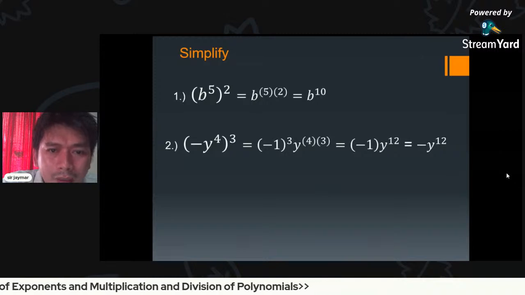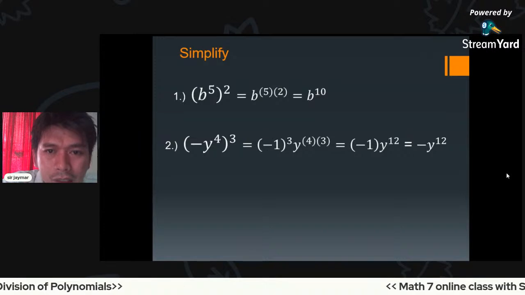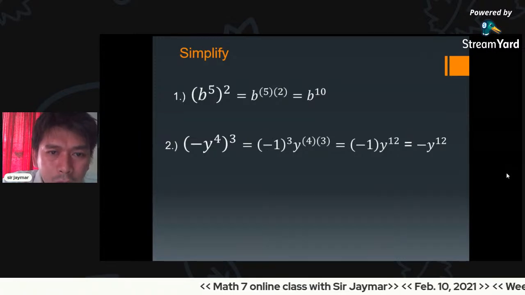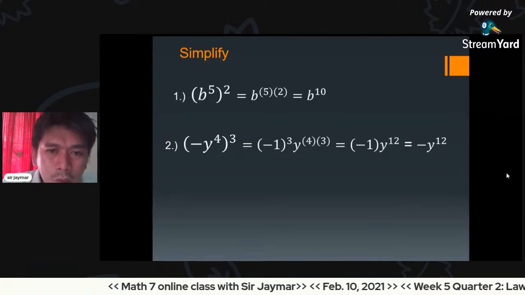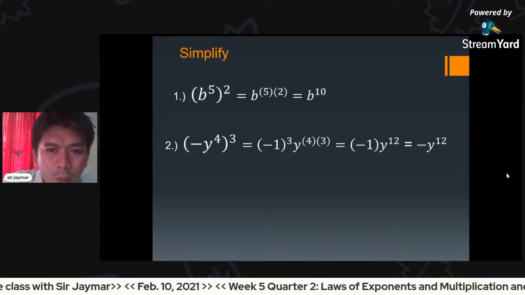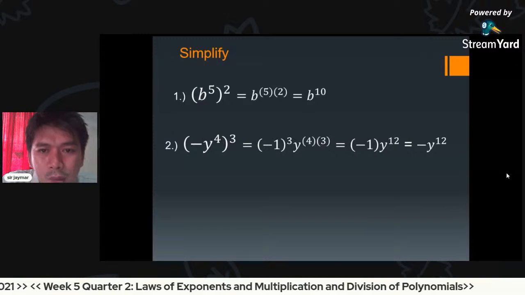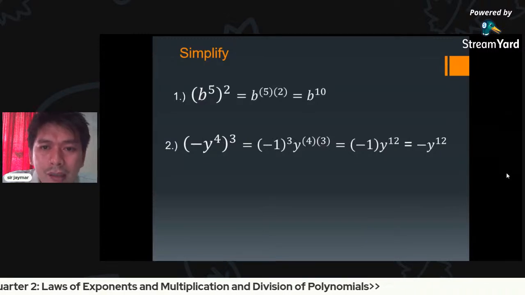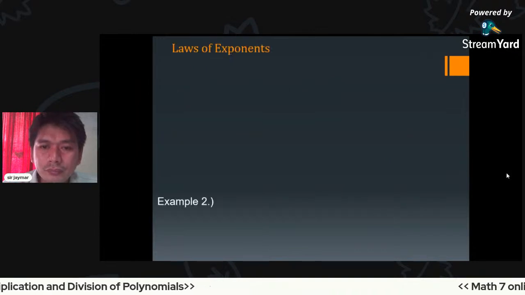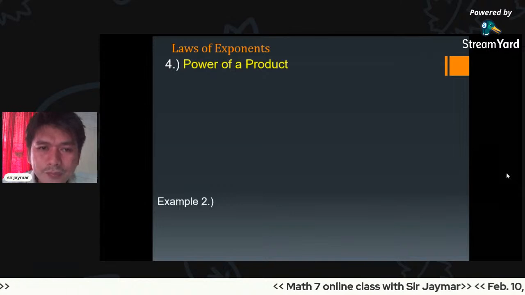Then raised to 4, the 4 will be multiplied by the outside 3, so it will become y raised to 12. Negative 1 raised to 3 means you multiply negative 1 times negative 1 times negative 1, and it will become negative. So negative times y will become negative y raised to 12.